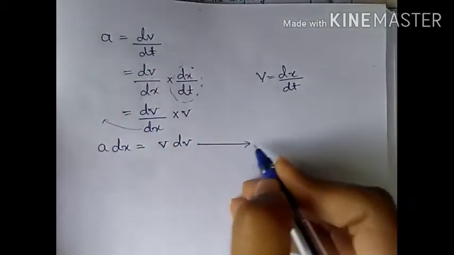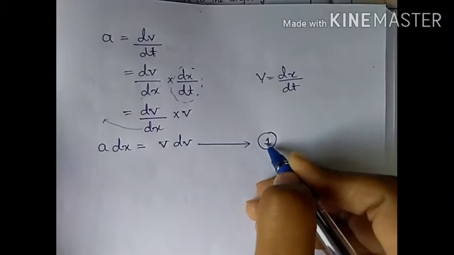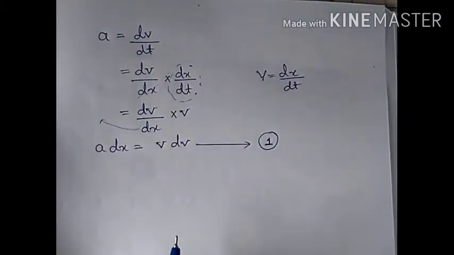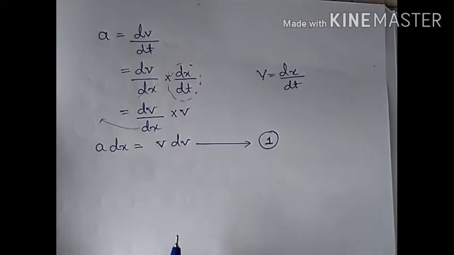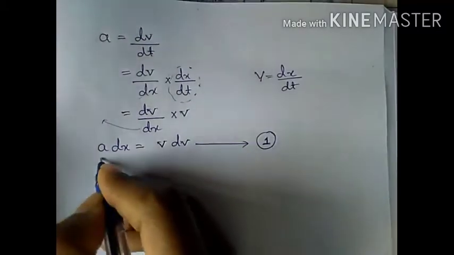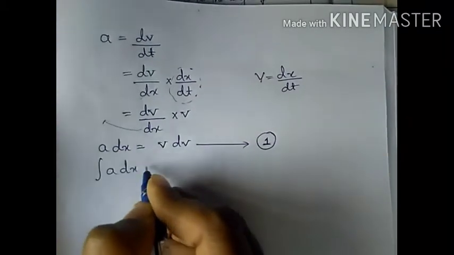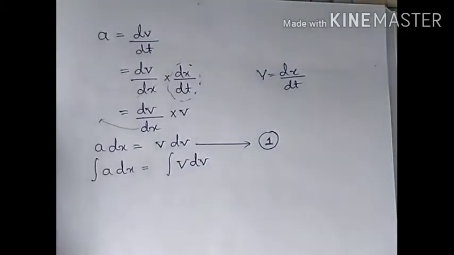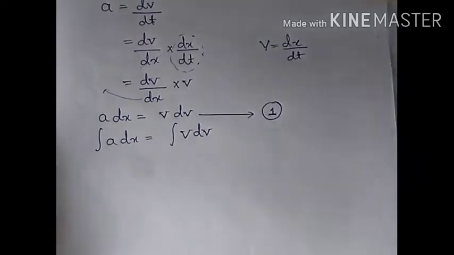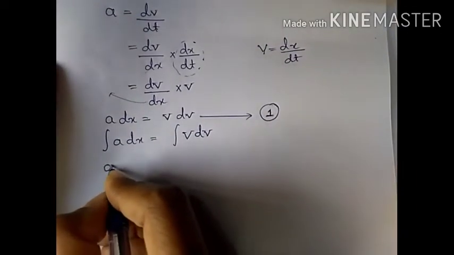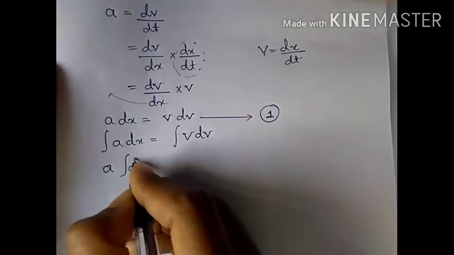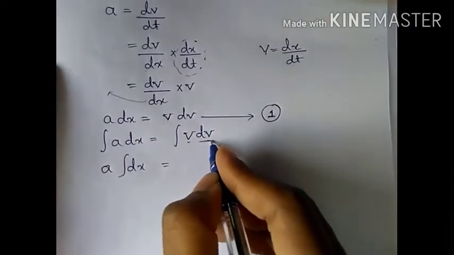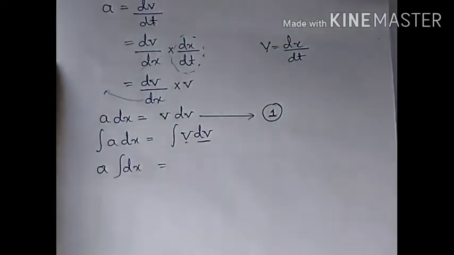This is the equation that we need to integrate to get the equation v square is equal to u square plus 2as. So now let us integrate this equation with proper limits. You cannot integrate a here, so you integrate dx, and you can integrate v because the variable here is dv.